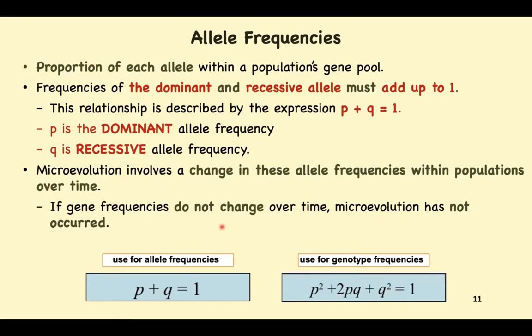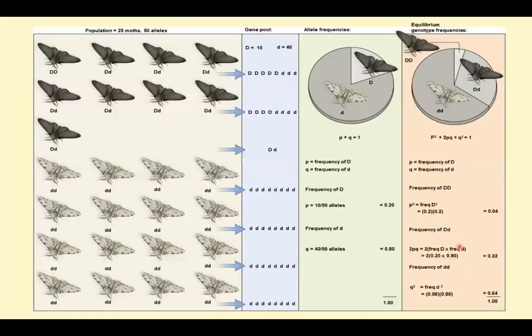So you'll be using a lot of this for your calculation for this topic. Allele frequency is P plus Q equals to 1. Genotype frequency is P squared plus 2PQ plus Q squared equals to 1. But you can only use this formula when it is in Hardy-Weinberg equilibrium. Okay, right. Let's go on next.